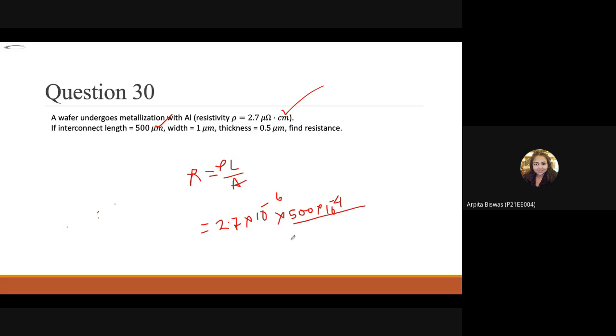And rho L by A. A is width into thickness. So 1 into 0.5 into 10 to the power minus 8. Now tell me the answer. 27 ohms, ma'am. Yes, 27 ohms.